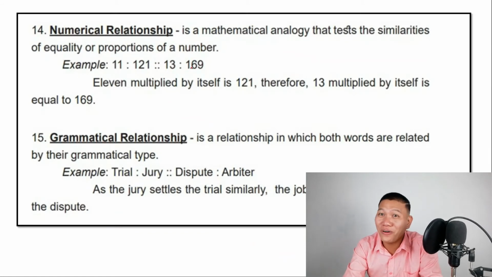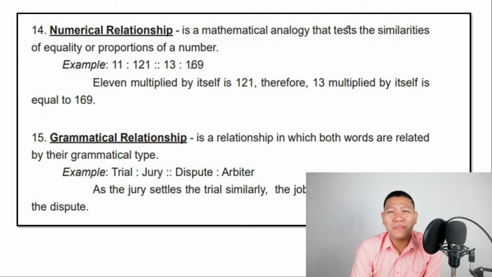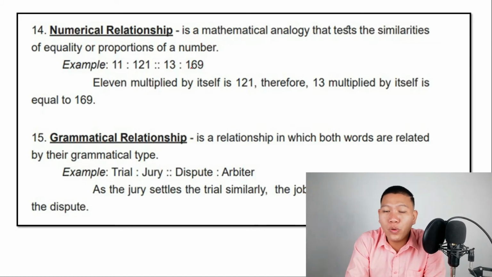Next, number 14, numerical relationship, another number, is a mathematical analogy that tests the similarities of equality or proportions of a number. 11 is to 121, 13 is to 169. How did it happen? That's correct.